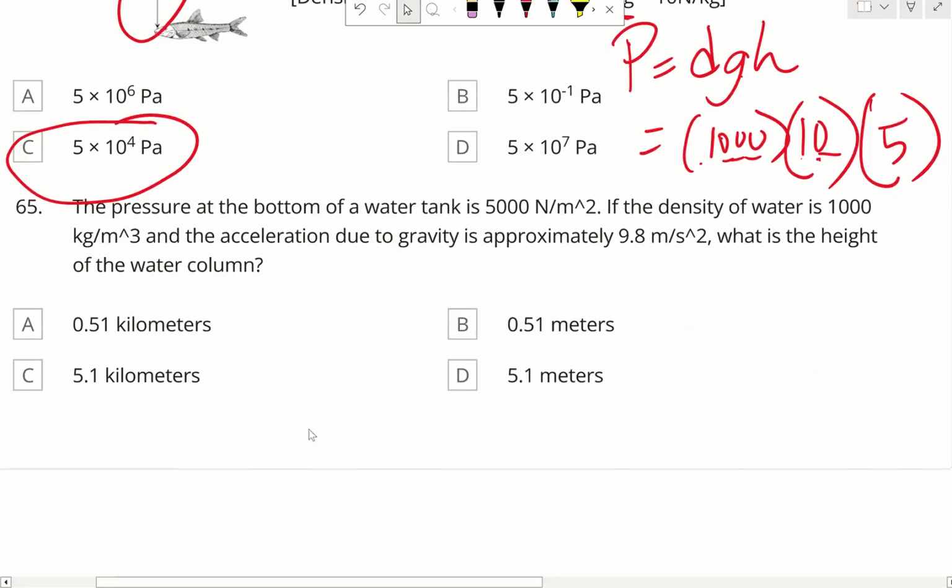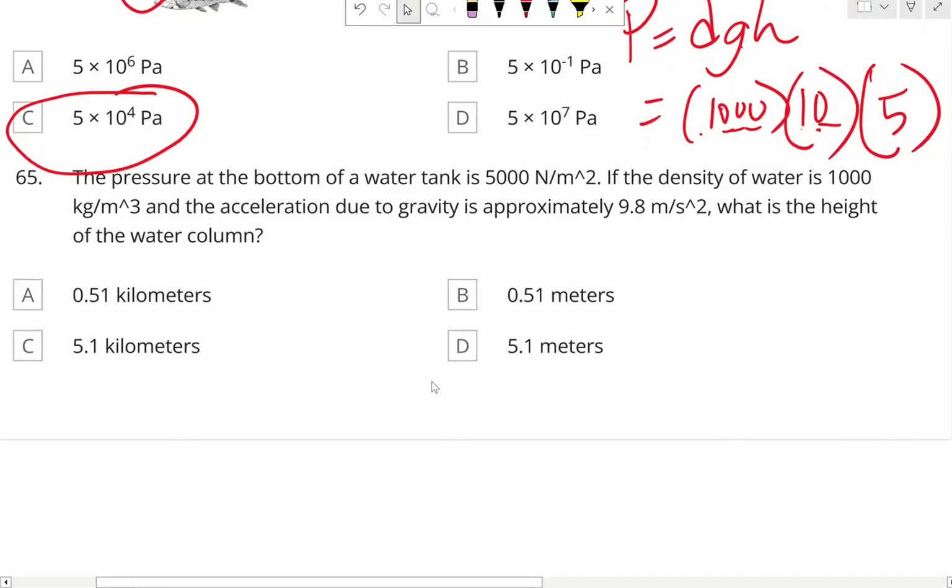And 65, this is the last one. The pressure at the bottom of a water tank is 5,000 newtons per square meter. The density of water is 1,000, and the acceleration due to gravity is approximately 9.8. What is the height of the water column?